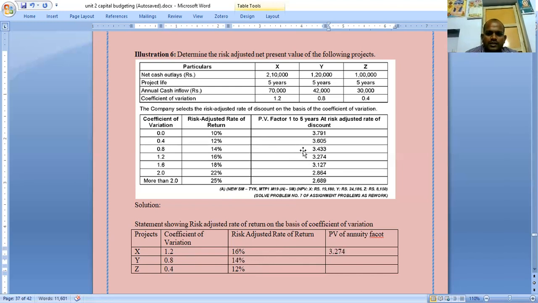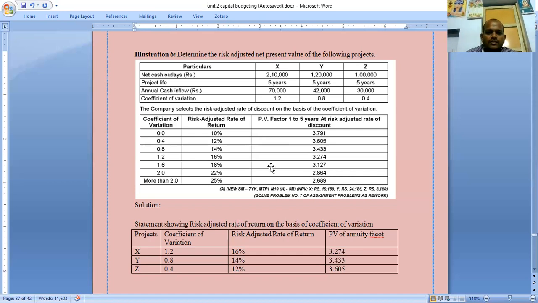At 14 percent, 3.433. At 12 percent, 3.605. Done. We found the risk-adjusted rate of return. Now we have to calculate the NPV.